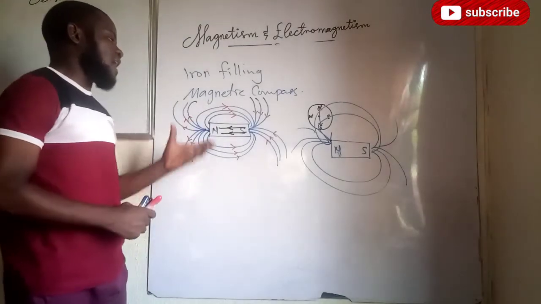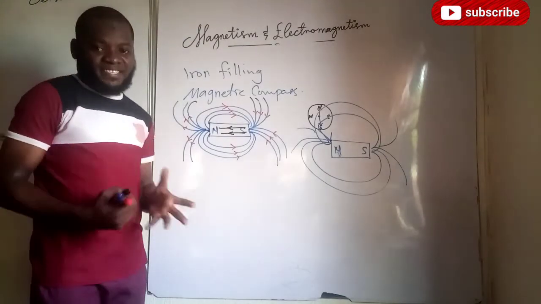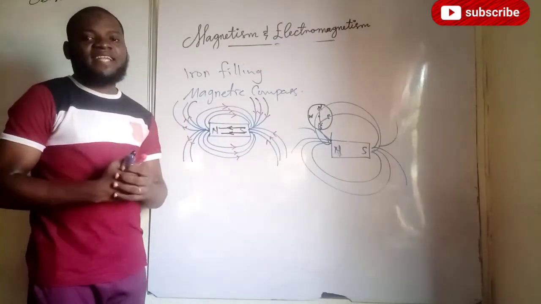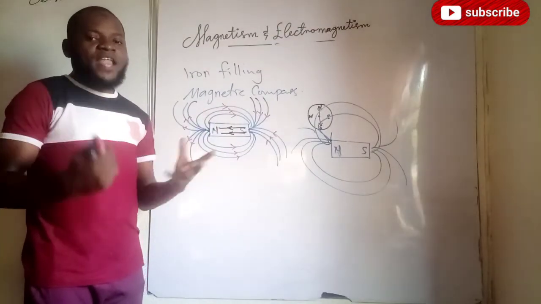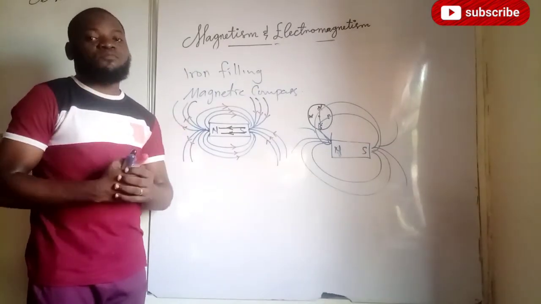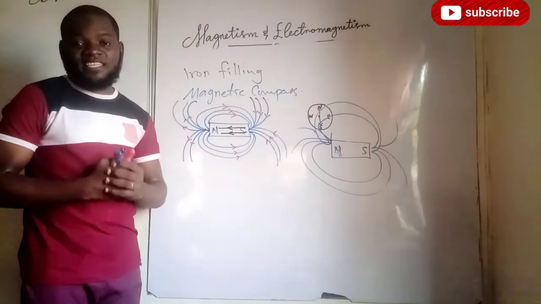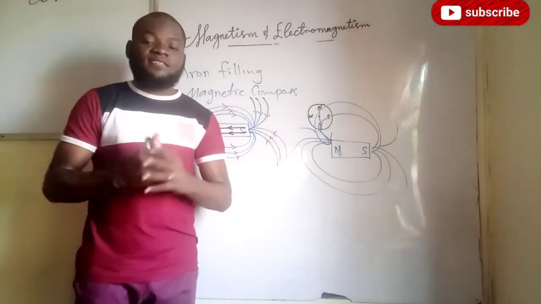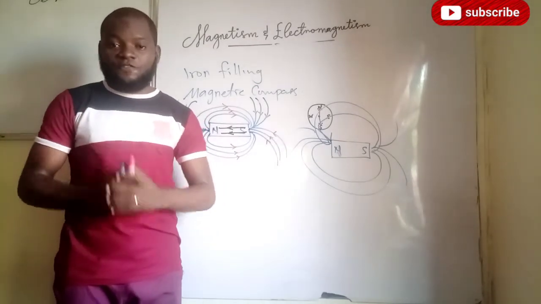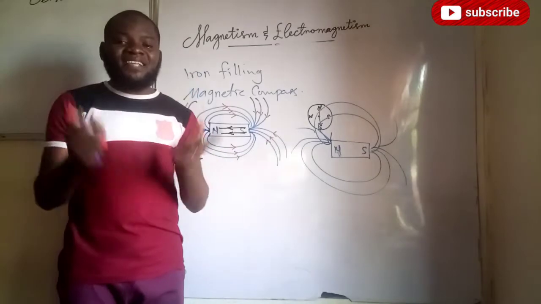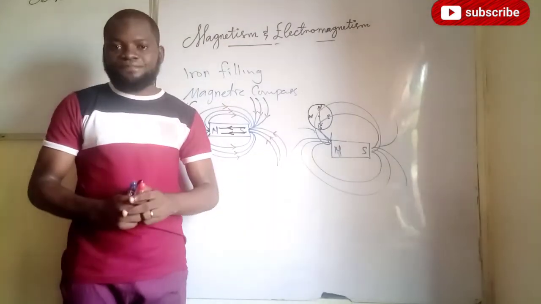Now we've understood how to draw the field pattern. Now what are the properties of the magnetic lines of force? One, when the magnetic lines of force are closer to each other, they symbolize a strong magnetic field. Two, they give the shape, that is the pattern, of the magnetic field.